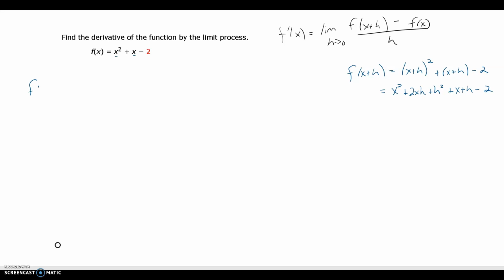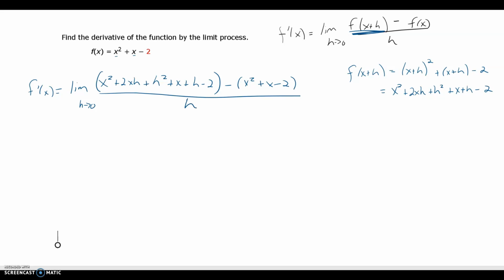Okay, so that means my derivative is the limit as h goes to 0 of f of x plus h, which is that, x squared plus 2xh plus h squared plus x plus h minus 2, minus f of x, all over h. Now be careful that we're going to subtract f of x. That means when I distribute that negative, the signs are going to change for all of those.